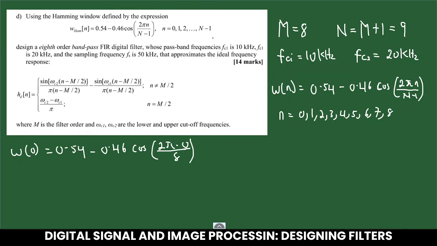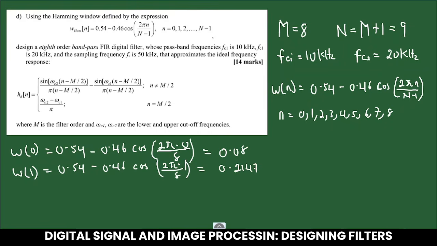It's the same as the order of the filter. So when you put this on your calculator, you have 0.08. Then we go ahead to do for W1, so 0.54 minus 0.46 cos 2 pi times 1 all over 8. This one will also give us 0.2147.